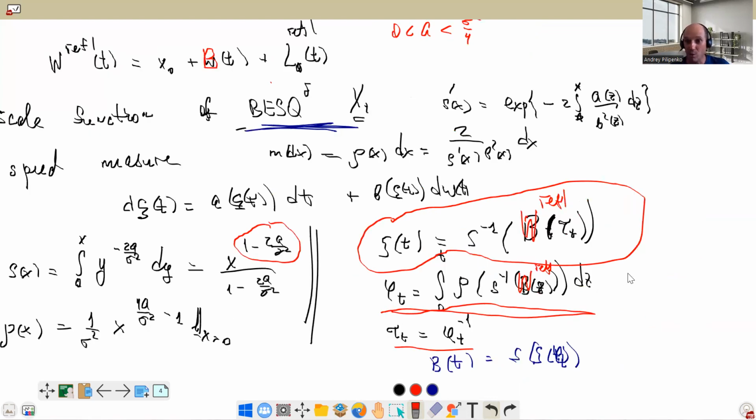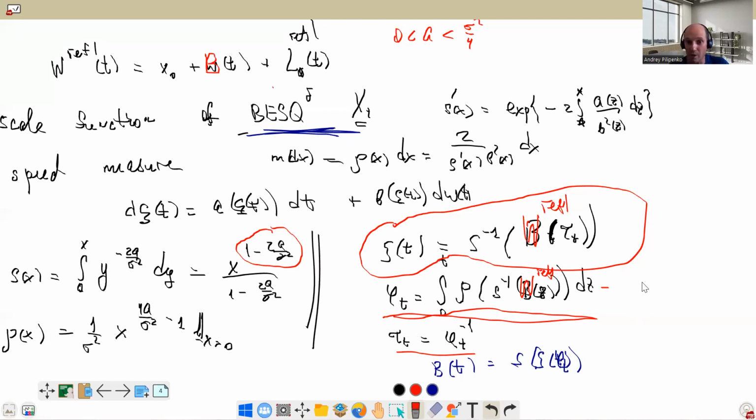But we know that this integral is equal to the integral of rho of this inverse scale times y times local time of reflected Brownian motion, L(t,y) dy. You can calculate this function explicitly. It seems to me it is infinity at 0.